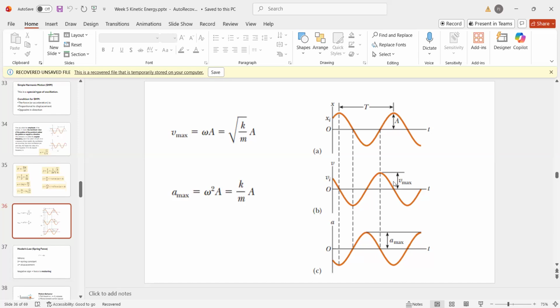If it's the velocity-time graph, you are finding the maximum velocity. If it's the acceleration-time graph, you are finding the maximum acceleration. So depending on which one you are finding, that's what you get.